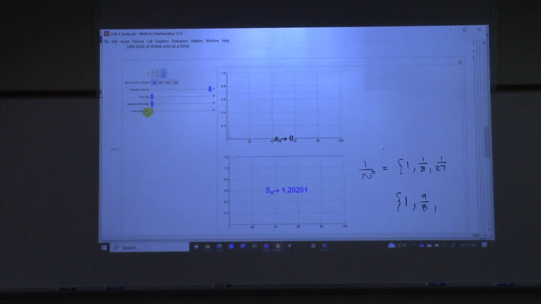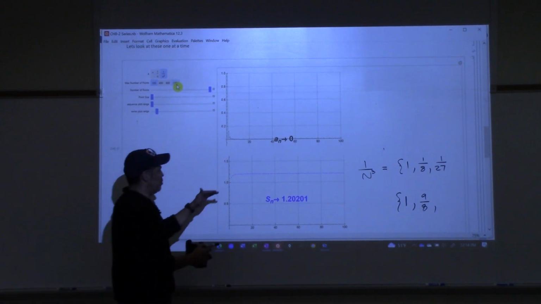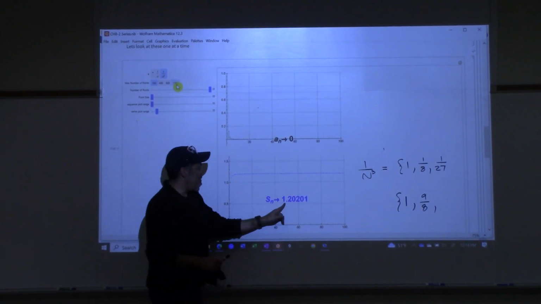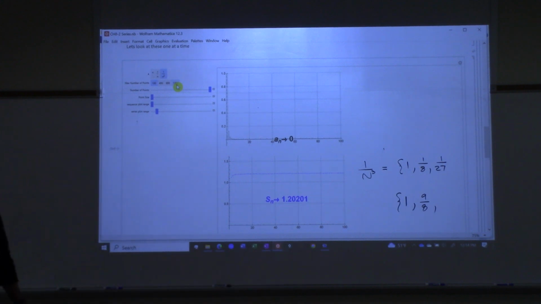I can't go any more than that. There's no pitch to that curve at all really anymore, right? It went up and then just flattened out. I'm at 1.20 right now on the blue one, and I've gone 100 points. Let me go 1,200 points. And let's just keep an eye on that number. Oh, wow.